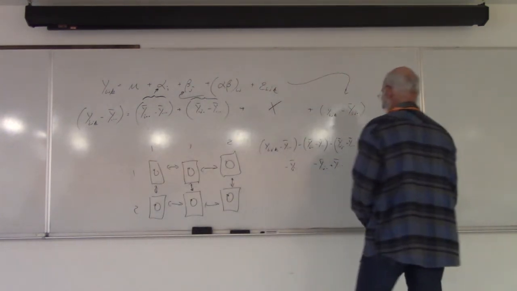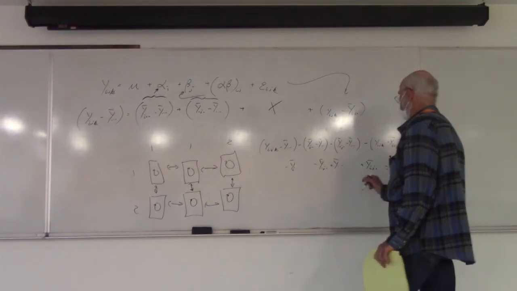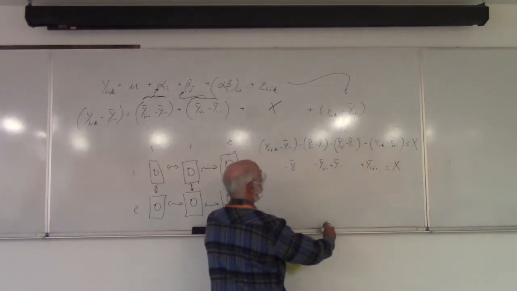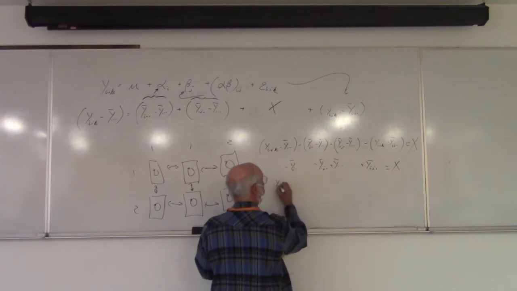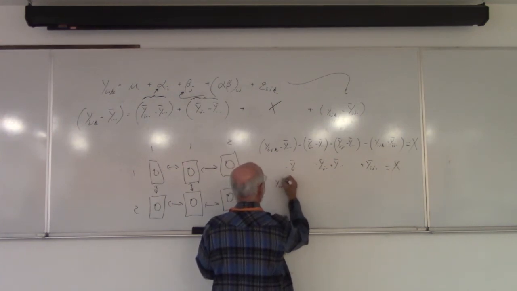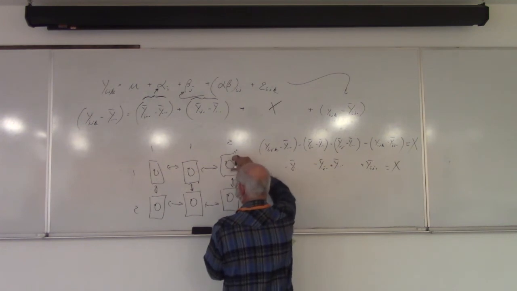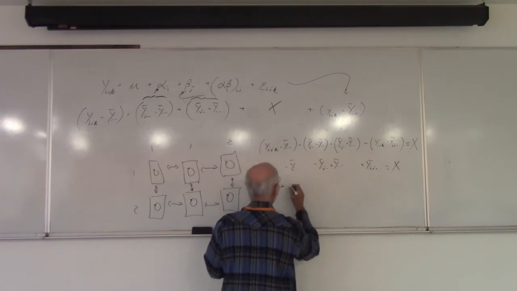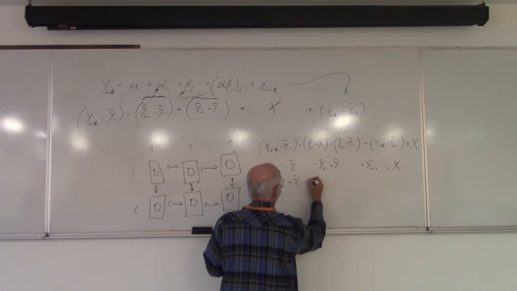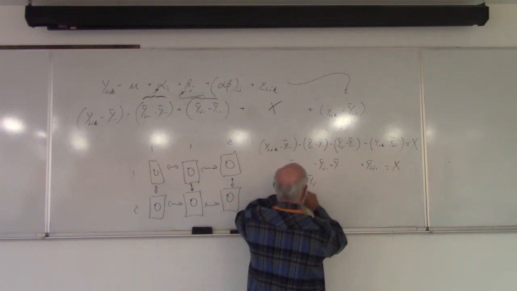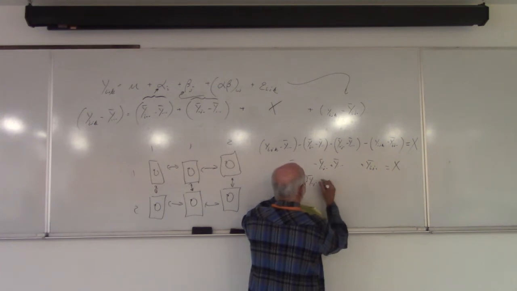So now I've got ȳij., that's my average for this value, minus ȳi.. minus ȳ.j., ȳi.. minus ȳ.j., plus ȳij.